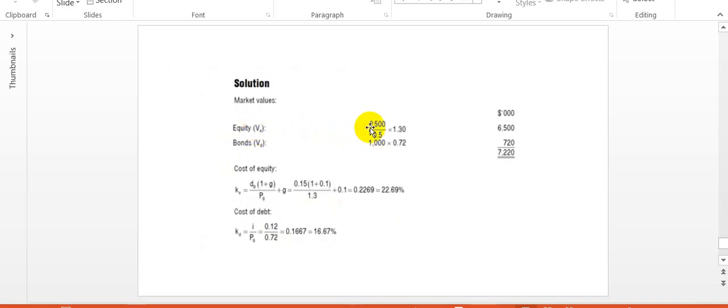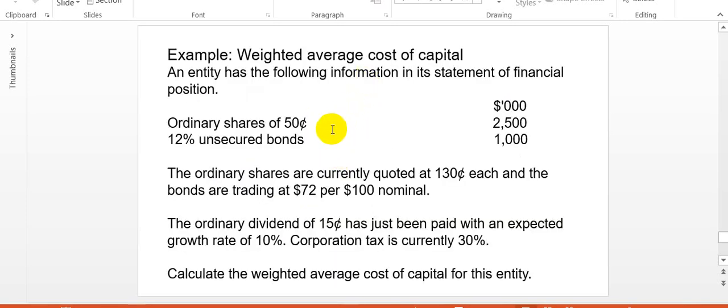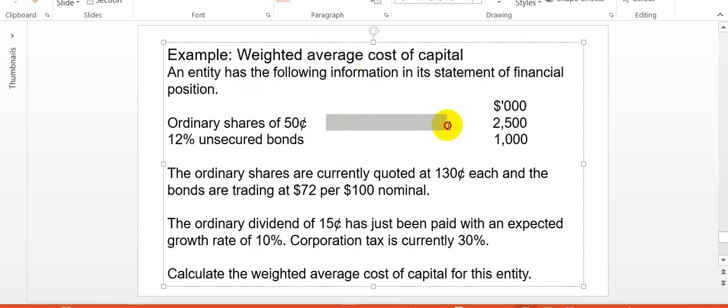for the equity we need to get the number of shares. To get the number of shares, which is a figure hidden somewhere here, you divide this by that to give you that, because when you multiply this figure hidden here times that, you got the money value there. Please remember the examiner always hides the number of shares.